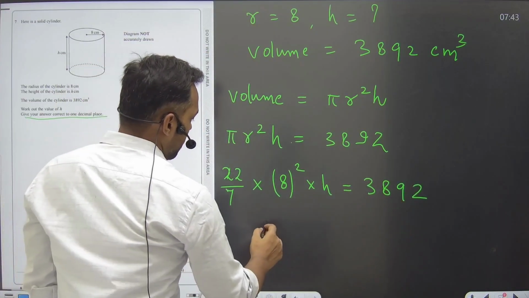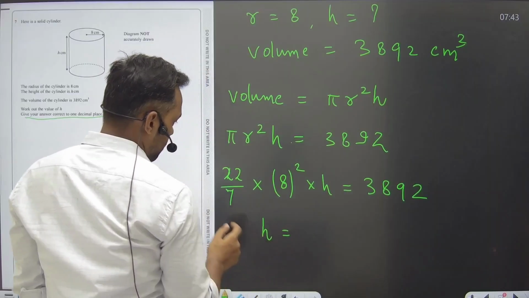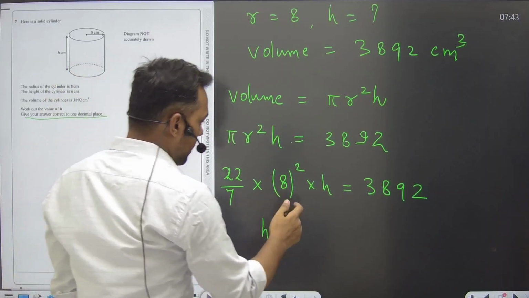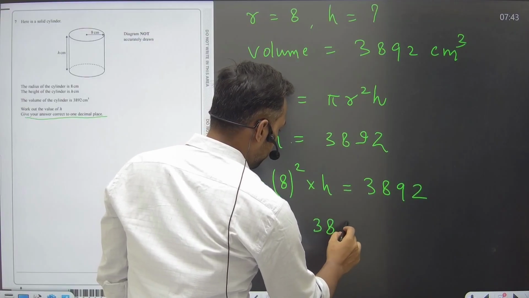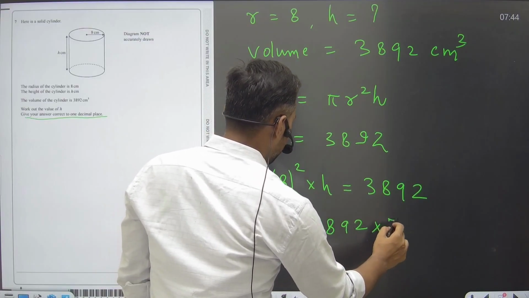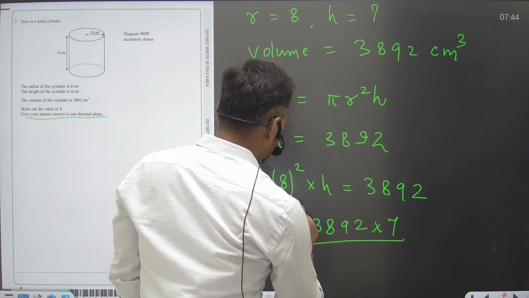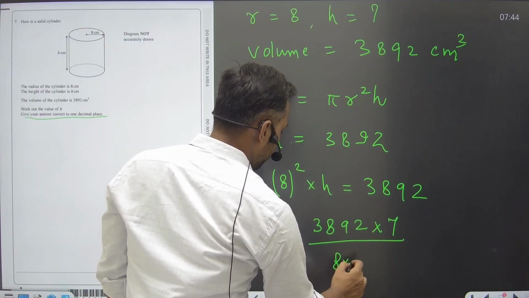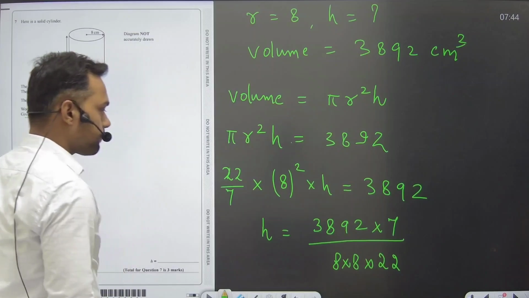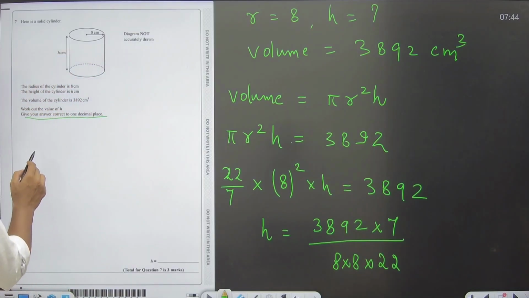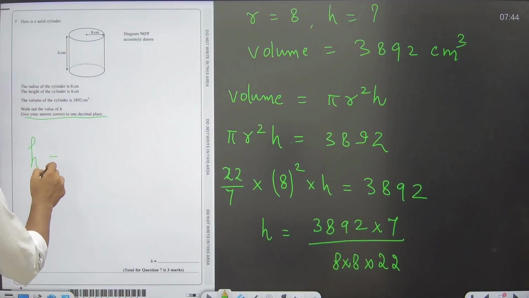You need to transpose the 7 in the numerator to the denominator of the right hand side. h equals 3892 cross 7 upon 8 square, that is 8 cross 8 cross 22.